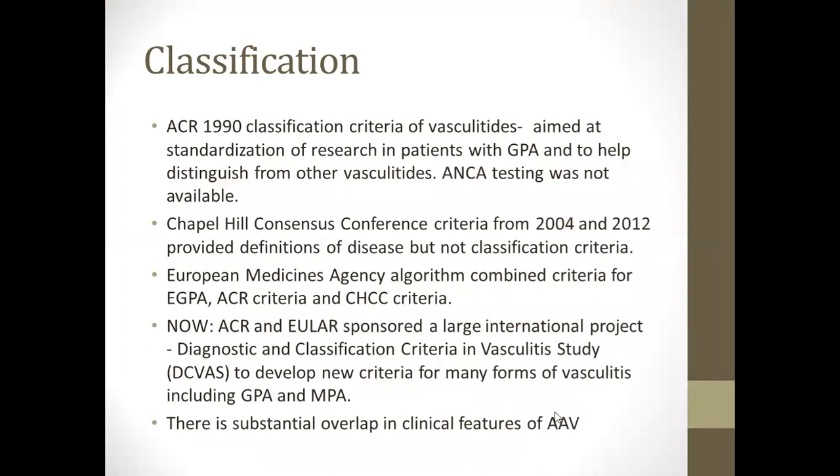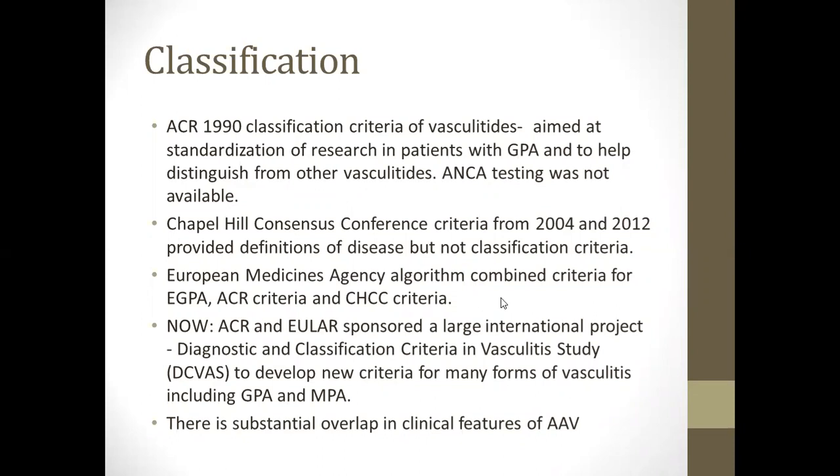This goes through some classification. I'm not going to go through all of that, but suffice it to say that in the 1990s, they started trying to zero in on what was going on with these vasculitides. They didn't have ANCA availability at that time, so it was a little more cumbersome and less specific. The Chapel Hill Consensus Conference 2004 and 2012 worked on definitions of disease, but didn't really zero in on classification criteria.